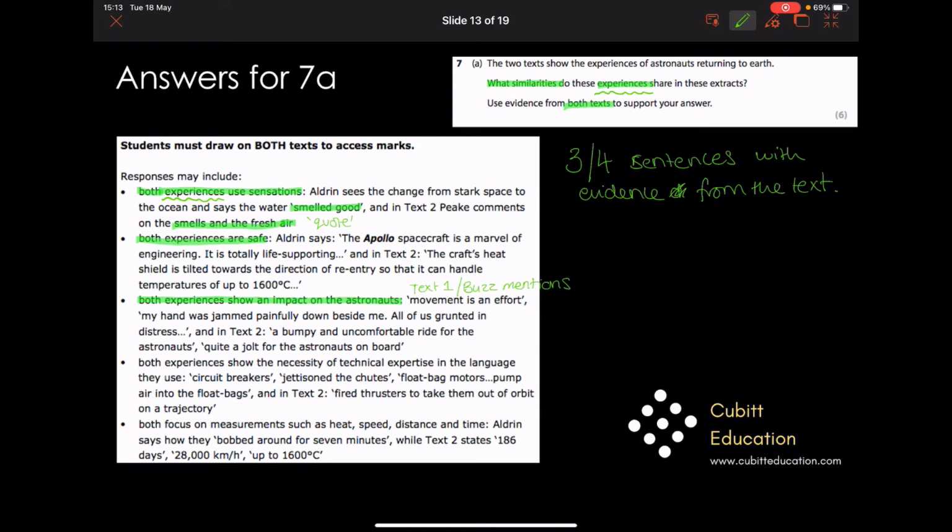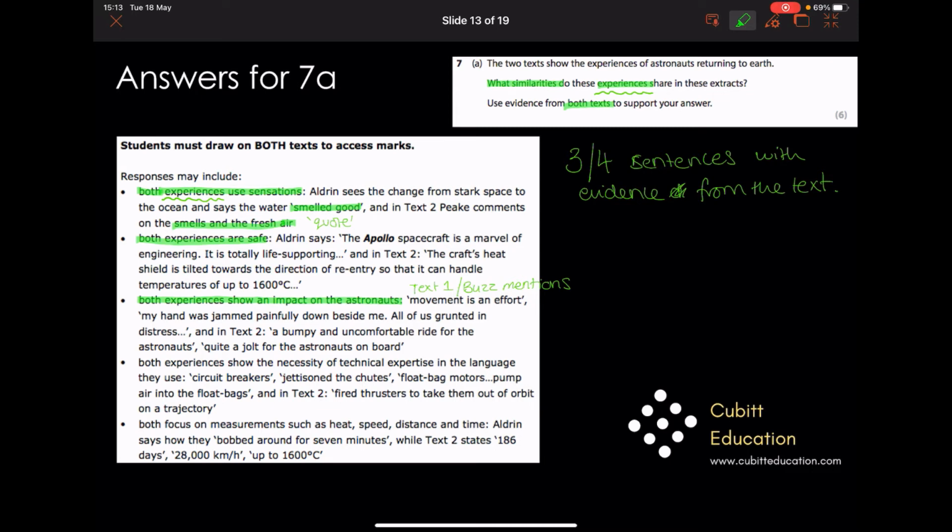Okay, because you want to make sure that the reader or the examiner knows exactly which bit you're talking about, so I would write that there. Text 1, or Buzz mentions, movement is an effort. My hand was jammed painfully down beside me. All of us grunted in distress. Okay, and in text 2, a bumpy and uncomfortable ride for the astronauts. Quite a jolt for the astronauts on board. Okay.